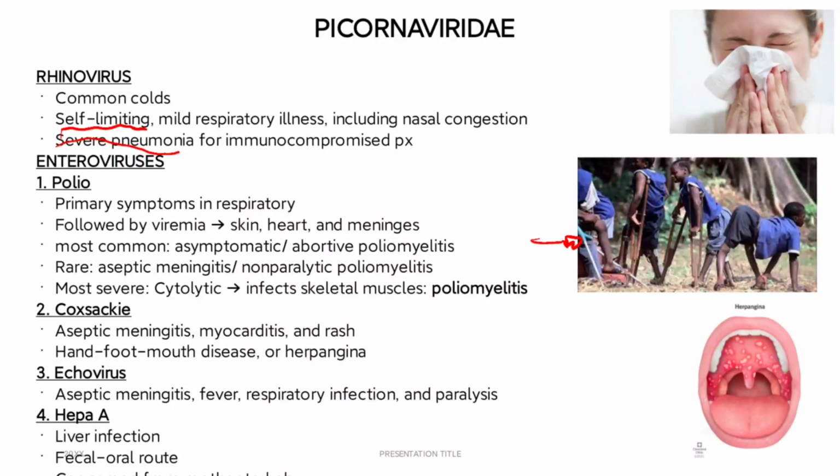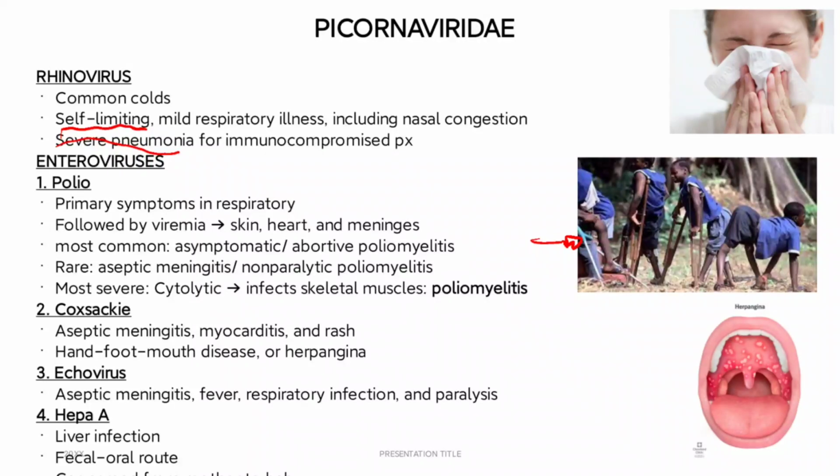So, hindi ka mapaparalyze. The most severe form of your polio is that the virus becomes cytolytic na. Cytolytic means lysis. Sisirain niya yung cells. Anong cells yung mga sisirain niya? The skeletal muscles.